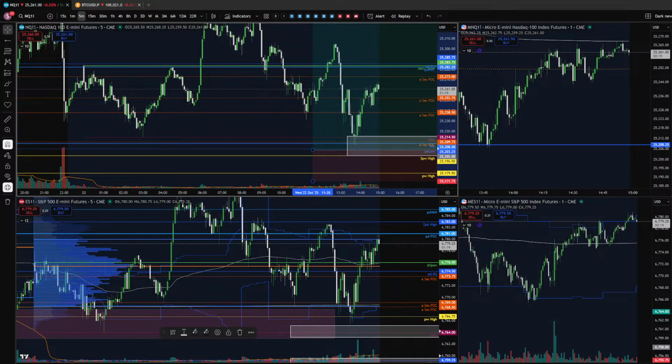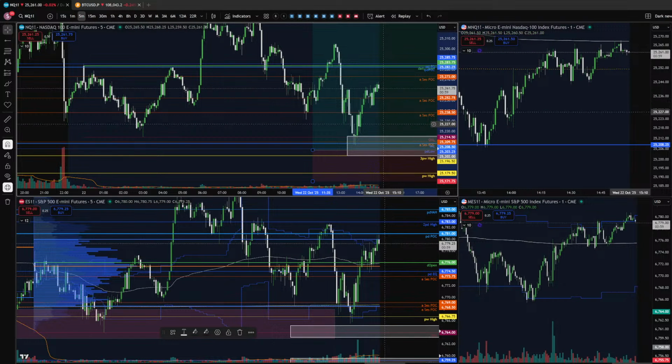We can start to have a look at the markets. All right then. It's half an hour before New York Open, so we can have a look.